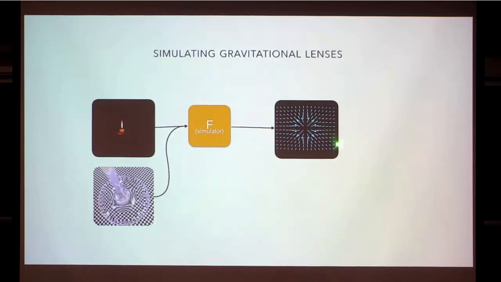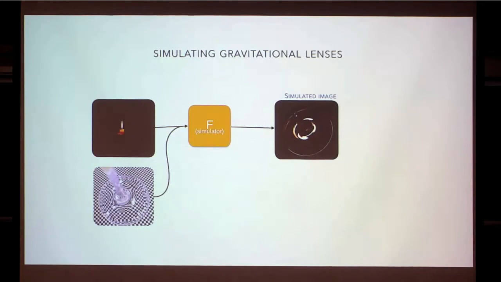What comes out of that is a vector field, a distortion field that says every pixel moves in some direction. Then I put the image of the candle in that vector field, and I say, that pixel has to move from here to here to here, and I make that distortion, and I get a lensed image. So that's pretty easy. Producing a simulation of a lens system is very easy.